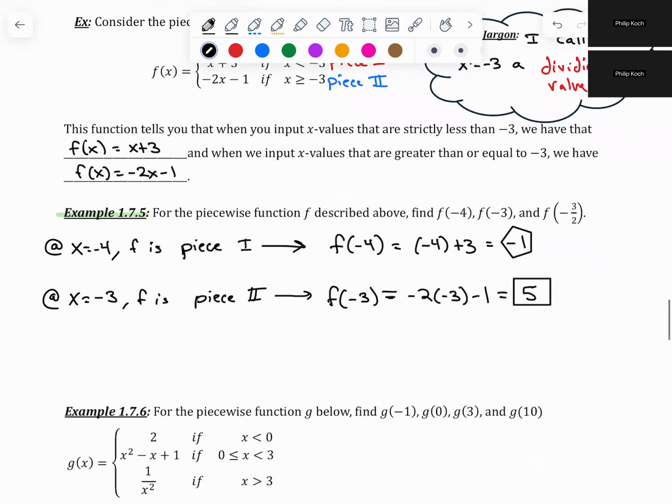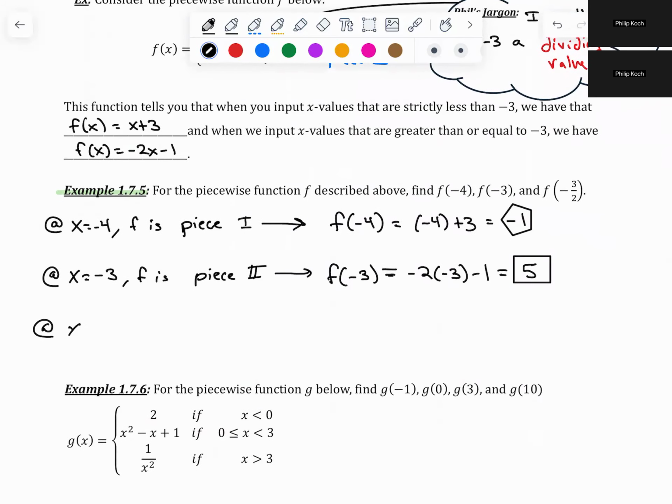And last but not least, at x equals -3/2, which is equal to -1.5. Feel free to use your calculator. This one is not too terrible to figure out, but if it was like -31/2 or -31/5, maybe we'd want to use our calculator to figure that out.